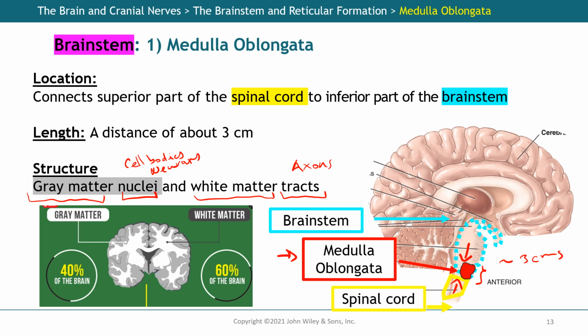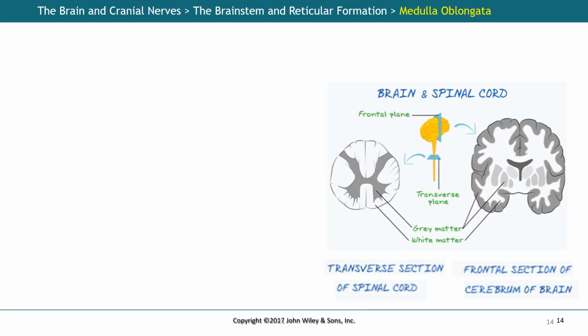Yes, we're going to have a brief recap so you understand much better what is the function of this section of the brainstem. You can look into this information in more detail in your textbook. However, here I just wanted to remind you that when you compare the brain and the spinal cord, the location of the gray matter and white matter are opposite.